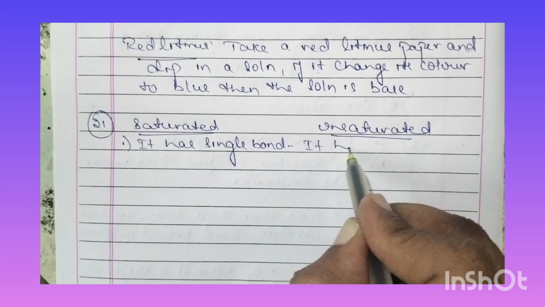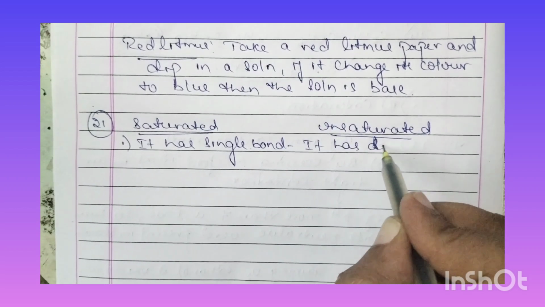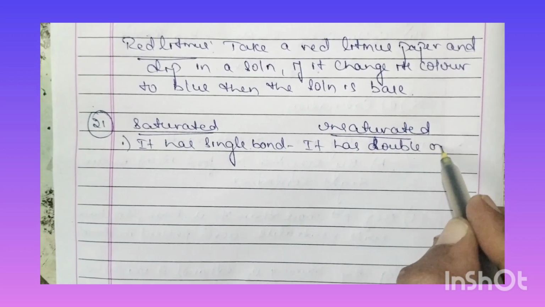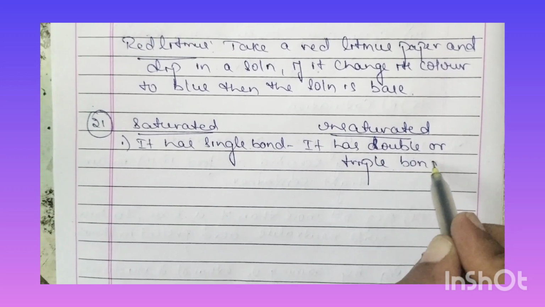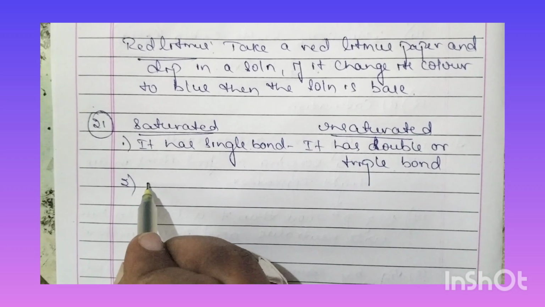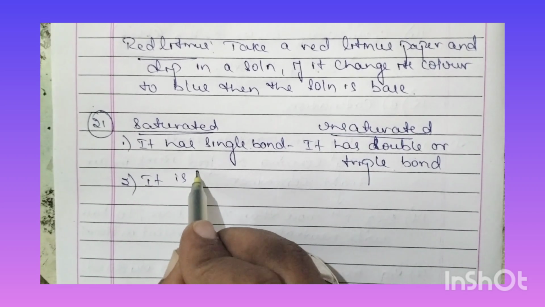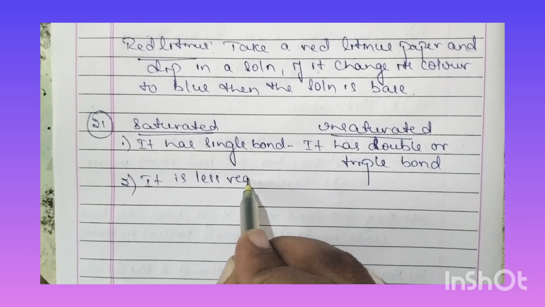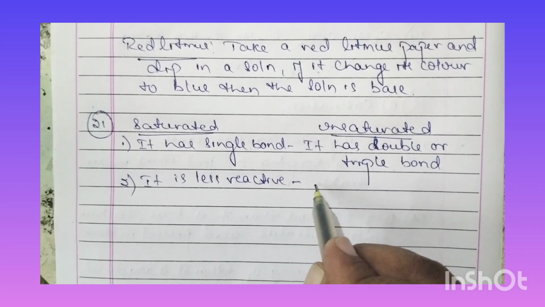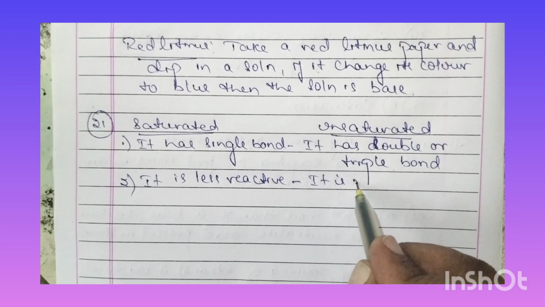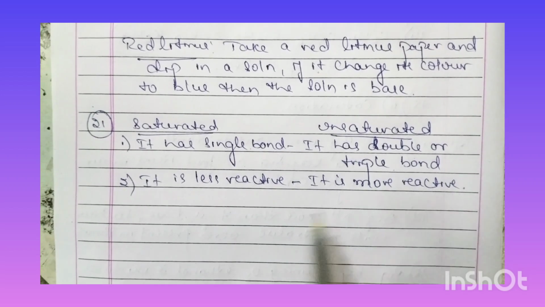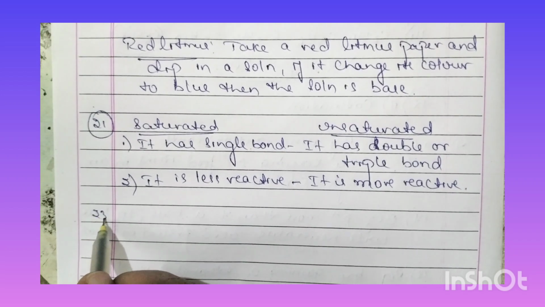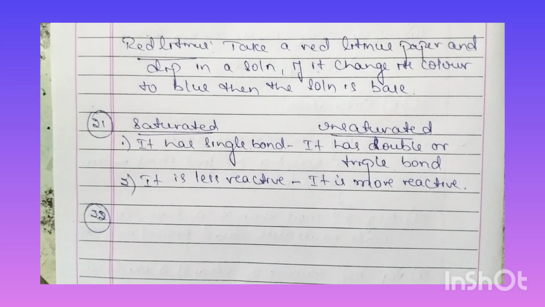Unsaturated has double or triple bond. Then the second one is, saturated is less reactive, unsaturated is more reactive. So these are the differences between saturated hydrocarbon and unsaturated hydrocarbon.